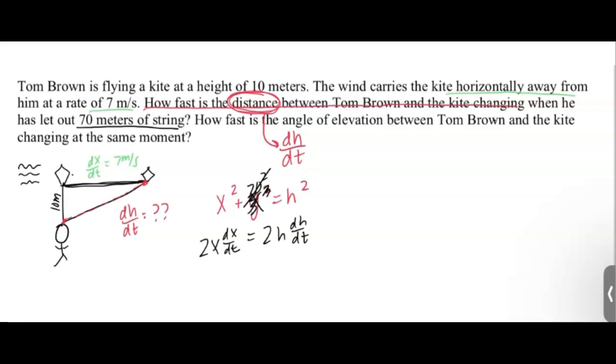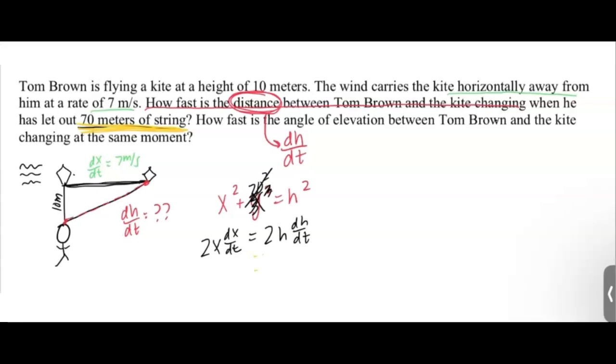This is now where we can use the 70 meters, because once we derive, we're saying at the moment in time when the hypotenuse is 70 meters, how is that distance between him and the kite, or that hypotenuse, changing?